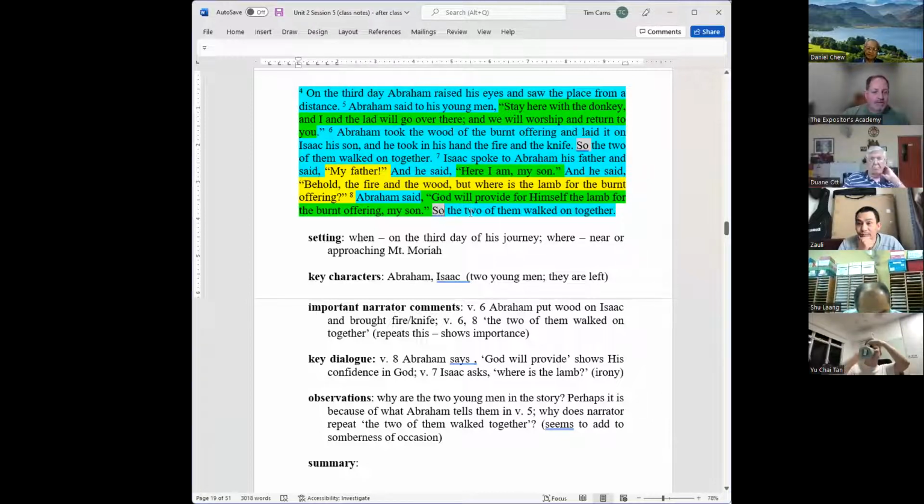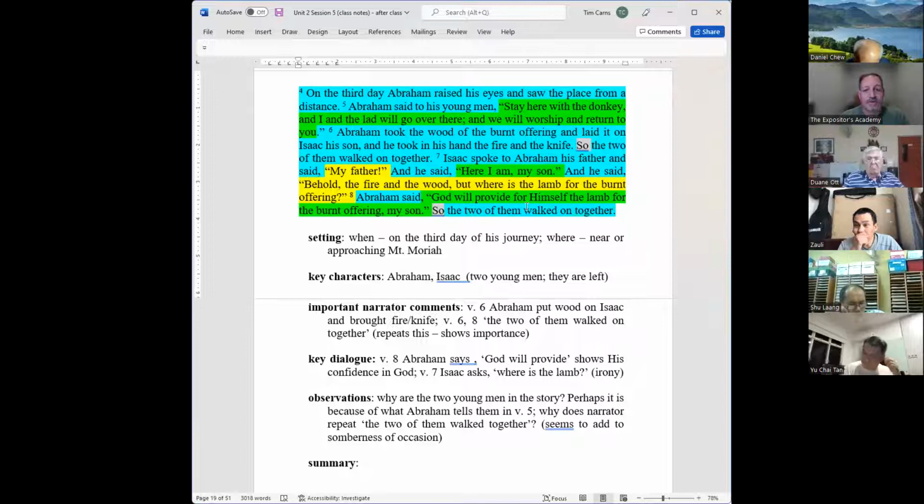Yeah, it almost adds to the soberness of the situation, right? You just get this picture of father and son walking, and then the son asking this very honest question, and that's a real sobering one, I think.